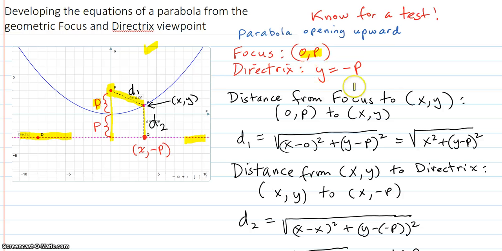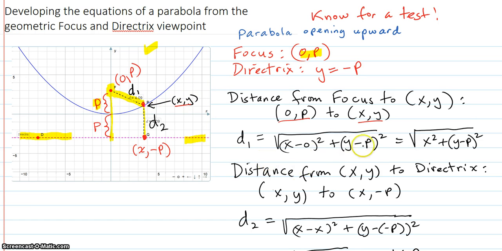So the distance from the focus to xy, that's D1. That's going from (0, p), this focus location right here, to the point xy. That's the point xy, right there.